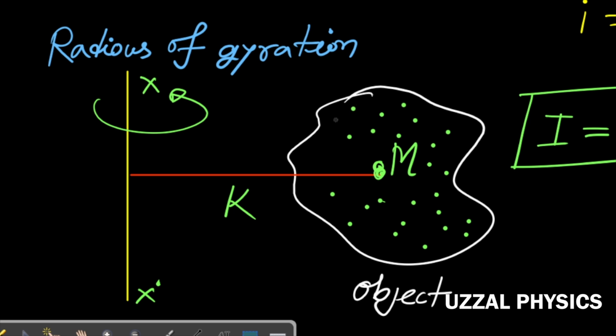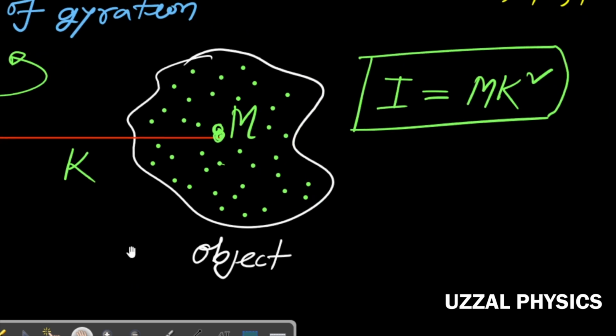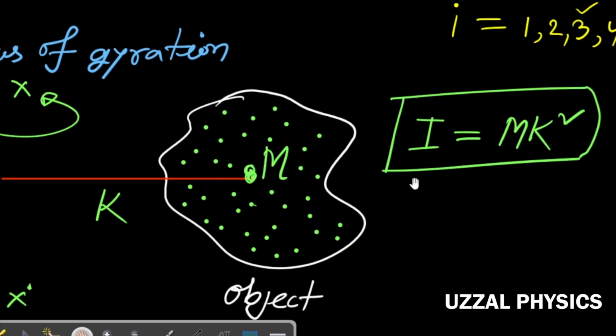So if all the mass of the particles is concentrated on this point, then this distance k represents the average distance from this mass. So this distance is the radius of gyration, and if we find the moment of inertia by this equation, it will be the same as in our previous equation.